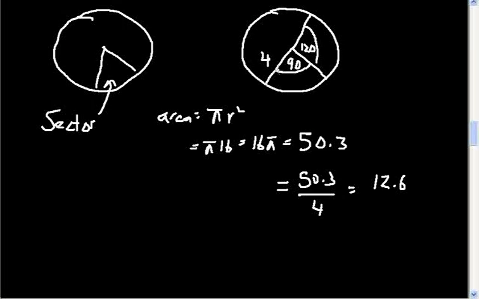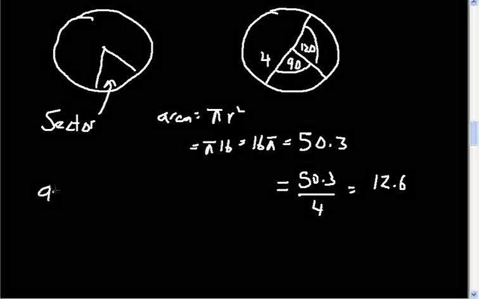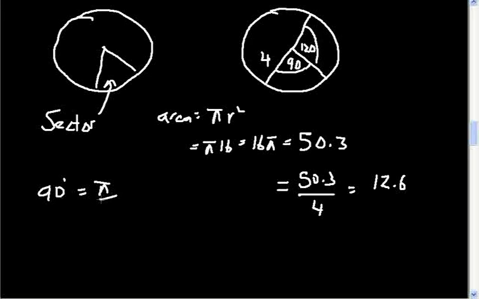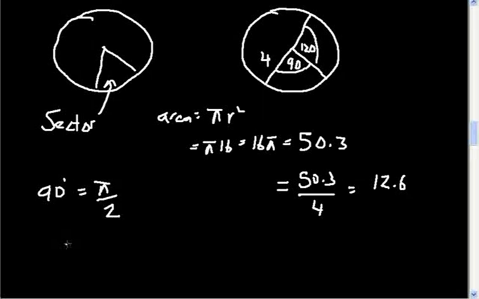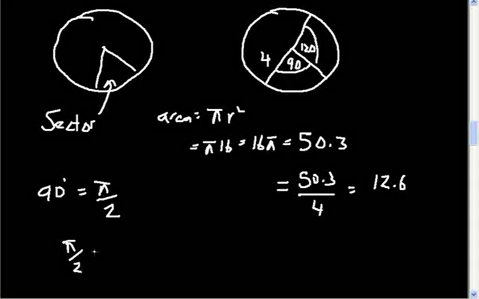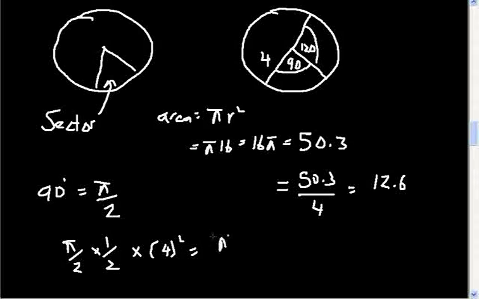So 90 degrees is pi by 2, because pi is 180. But you only use half the angle that you've traveled through to get your sector in the formula. So it's pi by 2 times half, times the radius 4 squared.